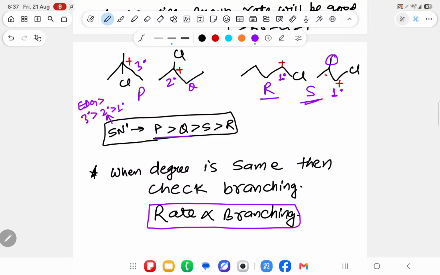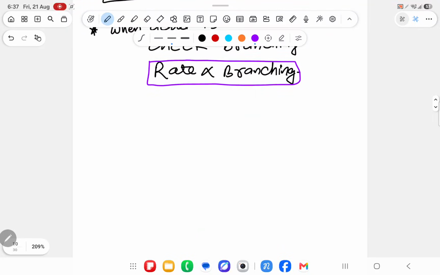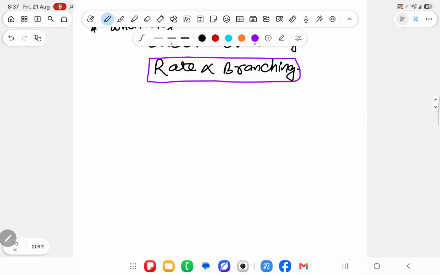Acha sir, one more example you said I will take. Suppose I take one more example. Here the Cl will go, and a 1 degree carbocation forms, and in the other part also a 1 degree carbocation forms.